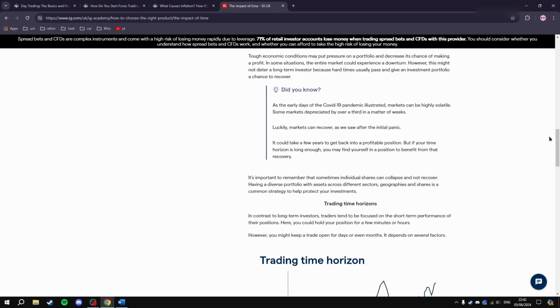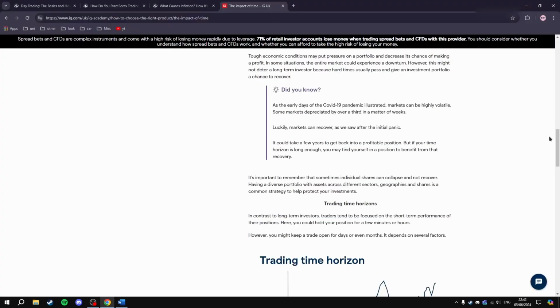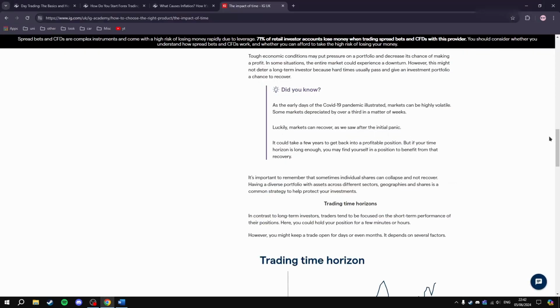Tough economic conditions may put pressure on a portfolio and decrease its chance of making money. In some situations, the entire market could experience a downturn.